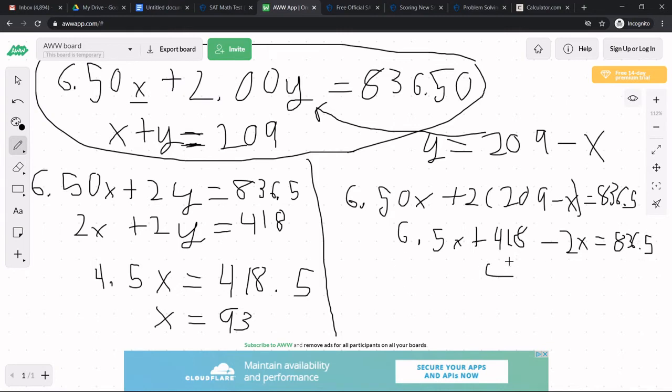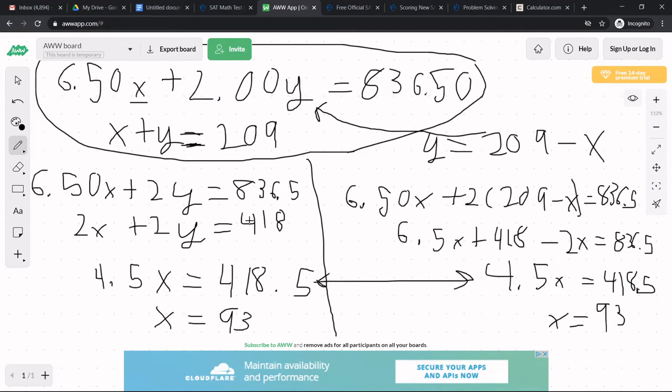And after we do 4.5x, just combine these like terms, and we subtract 418 from both sides. We get the same answer as we did before. As you can see, these steps lead to the same exact thing.